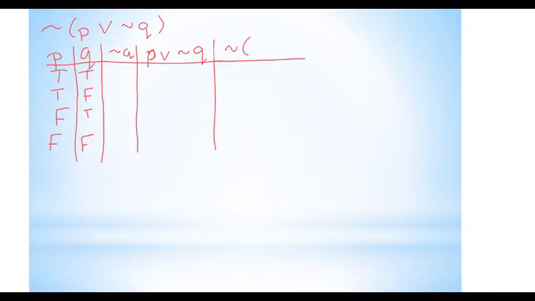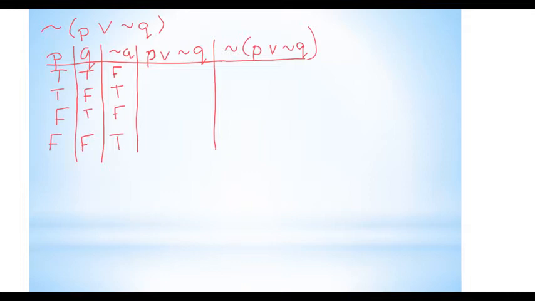I need to know what this P or not Q is equal to. Remember, negation of Q is the opposite of Q, so it's going to be false, true, false, true.